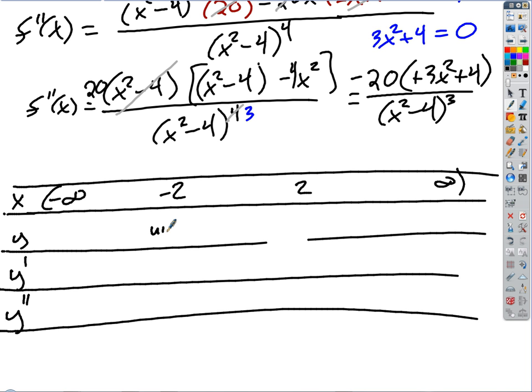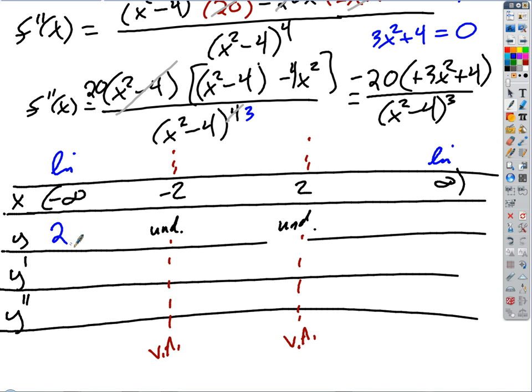So that was undefined, and so we ended up with, what did we call those? Vertical asymptotes, good. Okay, if we take the other limits, as x approached positive infinity or negative infinity, we got 2, right? And so that gives us a horizontal asymptote.